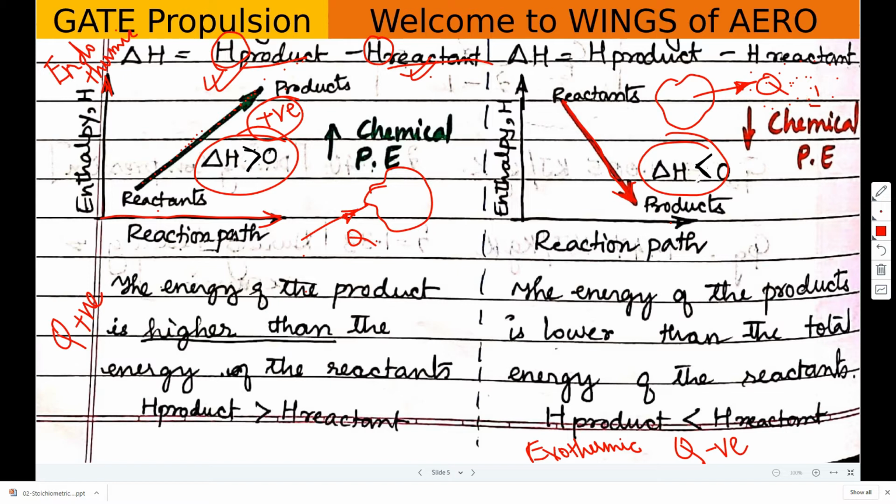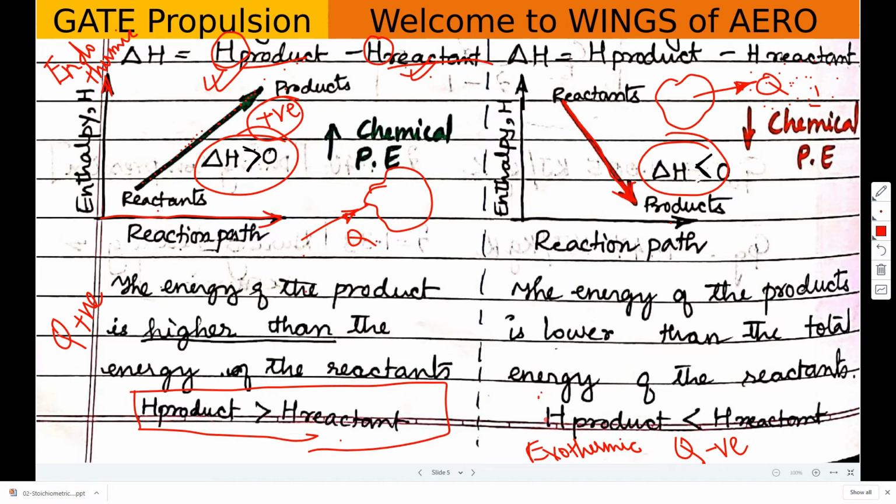Now, second point, based on the same configuration, we can also say that the enthalpy of the product will be higher than the reactant in an endothermic reaction, and in the case of an exothermic reaction, it is just the reverse of that.